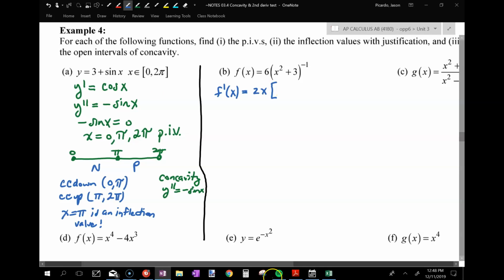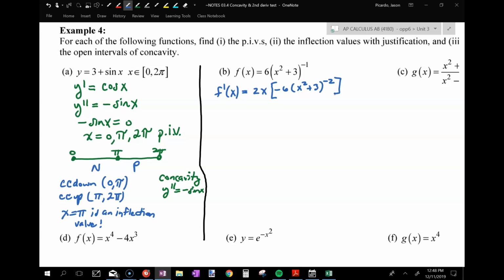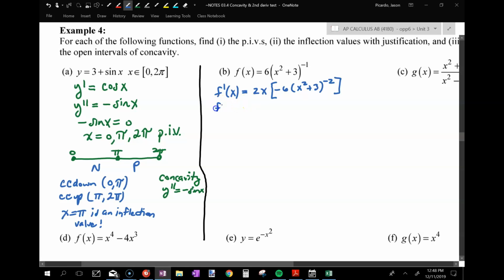Leave the inside alone, to the -2. All right. I can make that look a little bit nicer by simply combining those first couple terms, right?